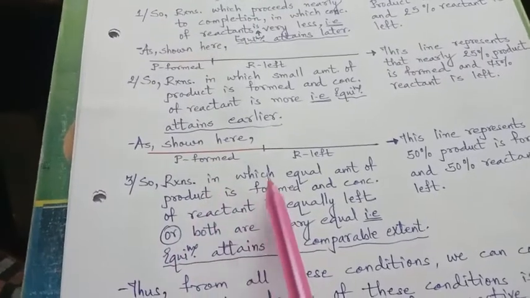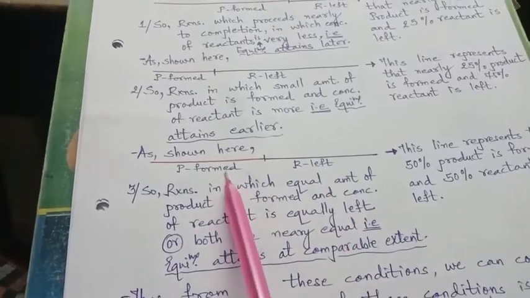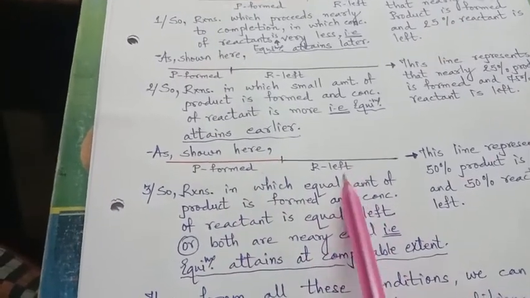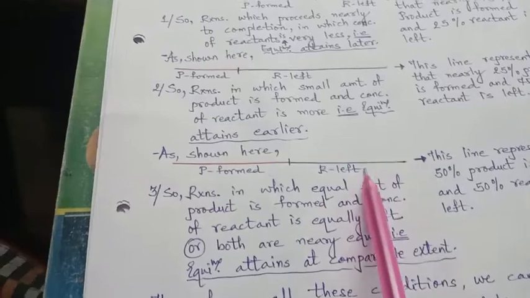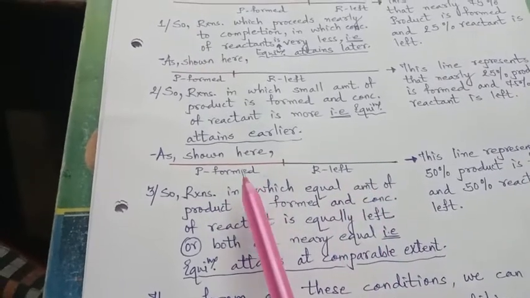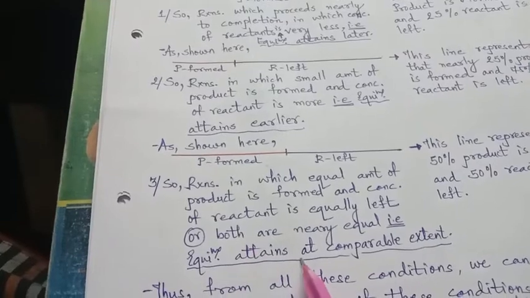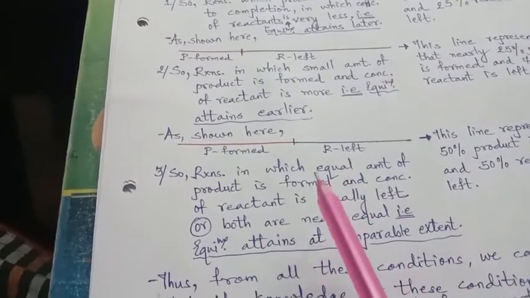The reactions in which an equal amount of product is formed and reactant is equally left, or both are very near to each other, attain equilibrium at a comparable extent.